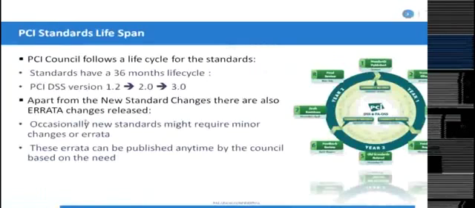For instance, now that version 3.0 is official, in due course of time the council keeps checking how exactly this version of the standard is being implemented or accepted, and if there are any minor changes that have to be done, those would be released in terms of errata changes.